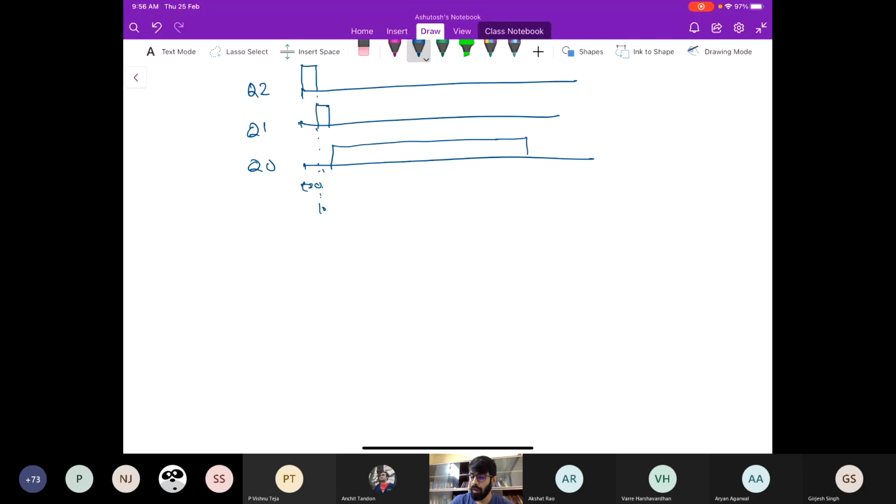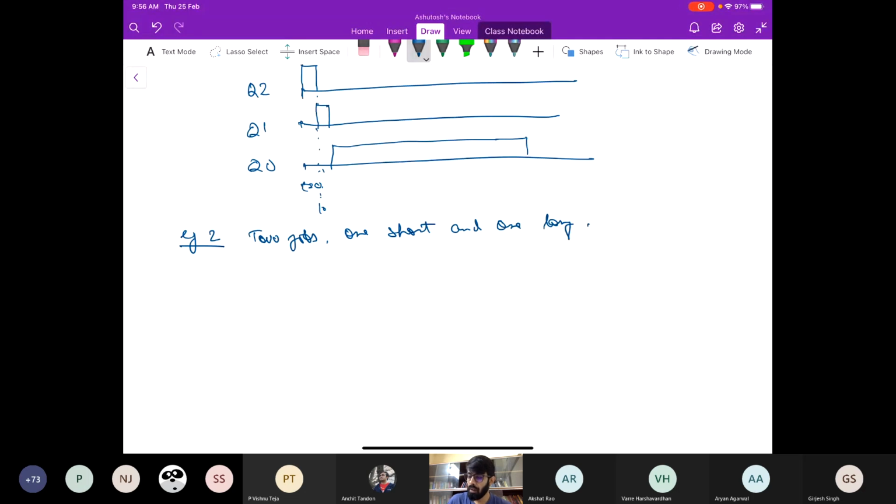Okay, so this was too simple an example. So example two, let's make things a bit more complicated and let's say two jobs, one short and one long.